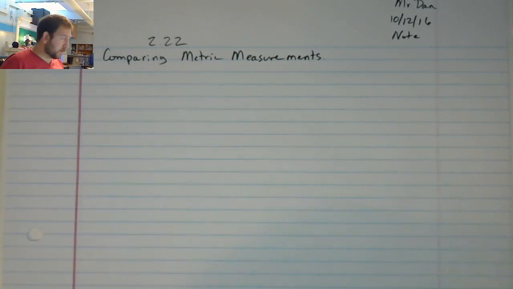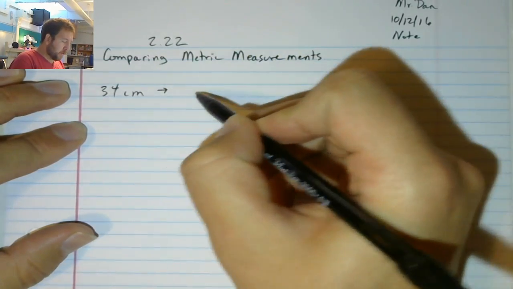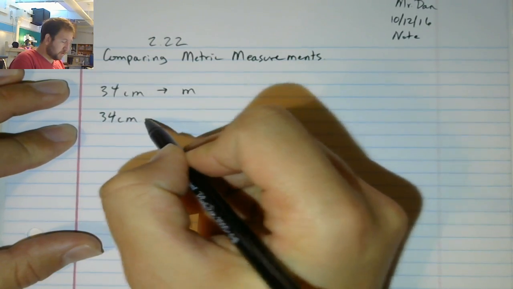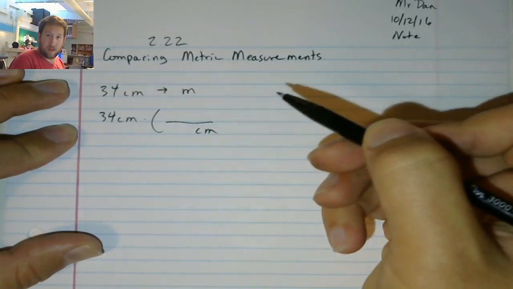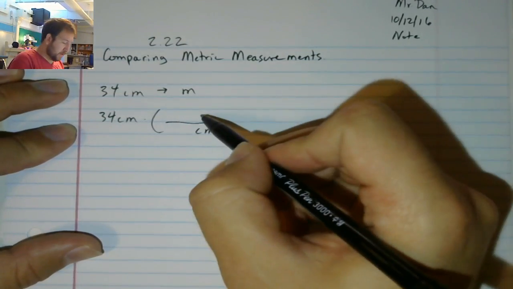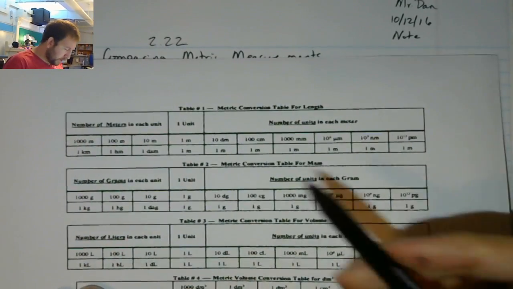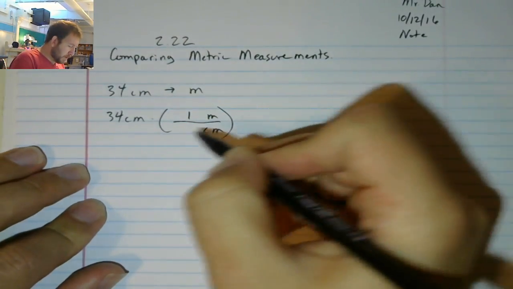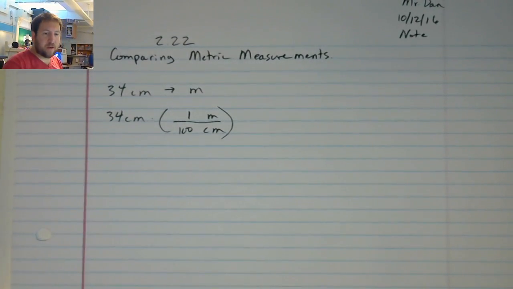Alright, so we have been talking about converting units, and if I had something like 34 centimeters, and I wanted it to go to meters, I would put centimeters on the bottom because I have to put it on the opposite side. I would put meters on the top, then I would look at my little chart: meters and centimeters, 1 in 100. 1 meter is 100 centimeters, and then I would know to do 34 divided by 100.